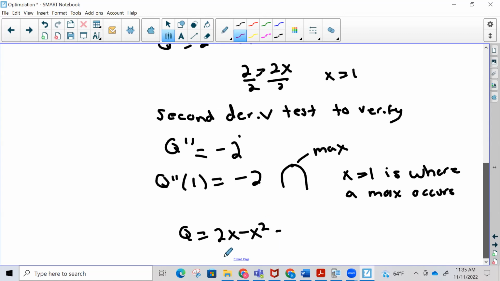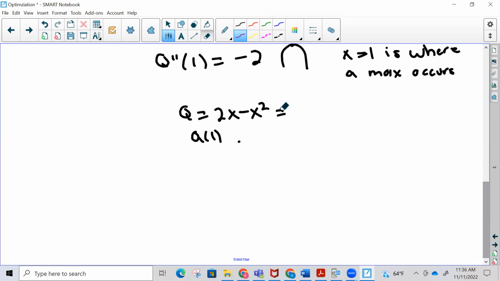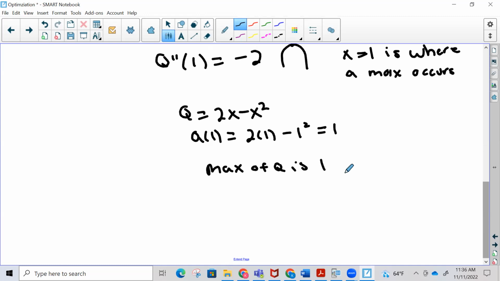And then we're gonna plug in, find Q of 1. And that gives me 2 times 1 minus 1 squared. So that's 2 minus 1, which is 1. So the maximum of Q is 1. And so that's just an example of one that has more than one variable.